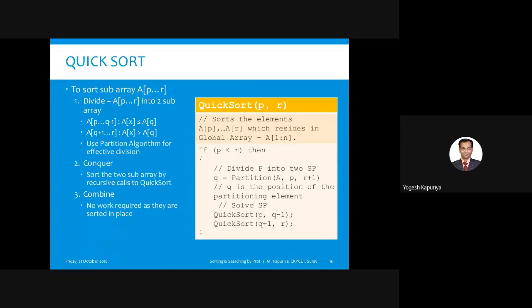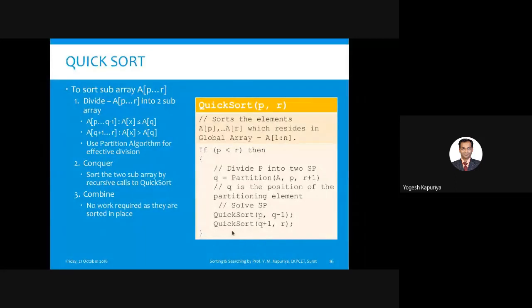You are dividing a problem in such a way that you don't require a combine step at the last. So instead of simple mid equal to low plus high by 2, here you are having a smart division, which is actually another algorithm, which is called a partition algorithm. We'll discuss how the partition algorithm works, and we will also discuss why this partition algorithm will not require the third step of the divide and conquer technique.